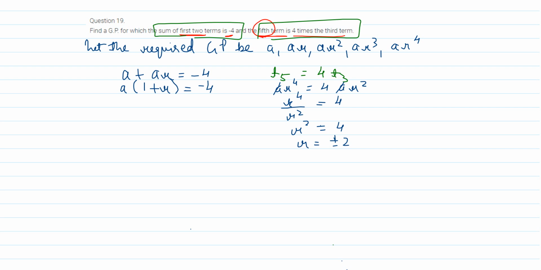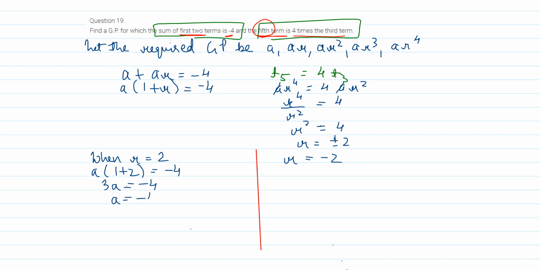So I'll be getting two values of a also. When r is equal to 2, a into 1 plus 2 is equal to minus 4, that is 3a is equal to minus 4, and a is equal to minus 4 upon 3.